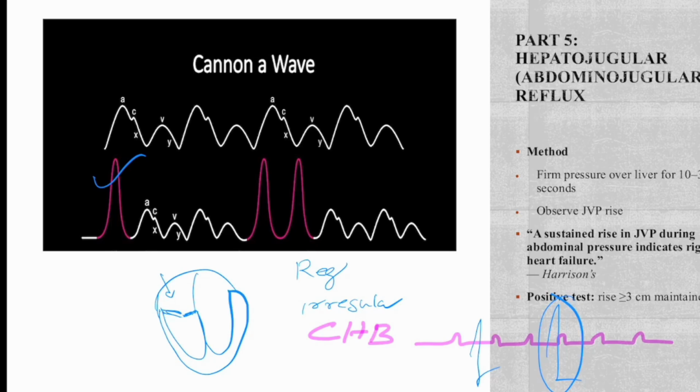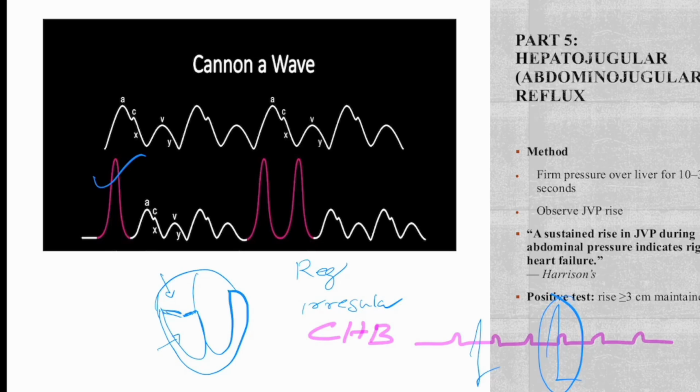So irregular cannon waves can occur in ectopics. Suppose a premature ventricular contraction is occurring, irregular, so you can get a cannon wave. You can get, suppose, a junctional rhythm.